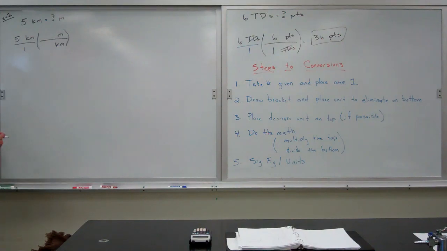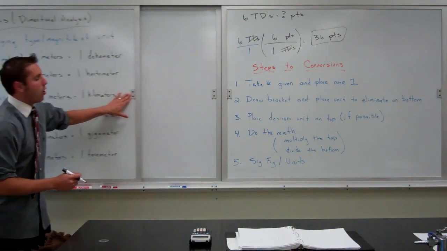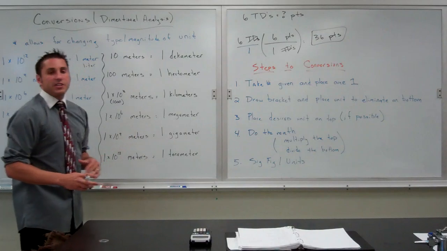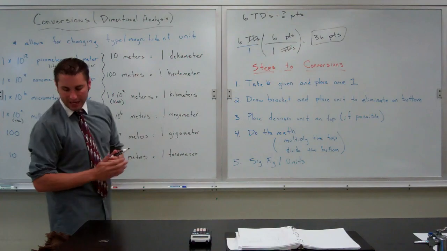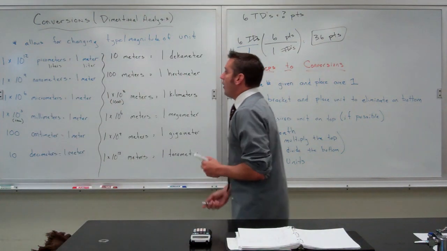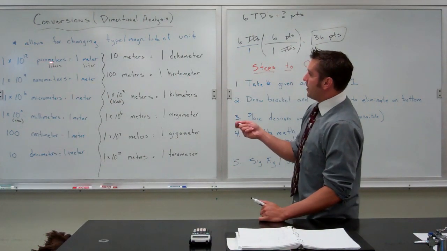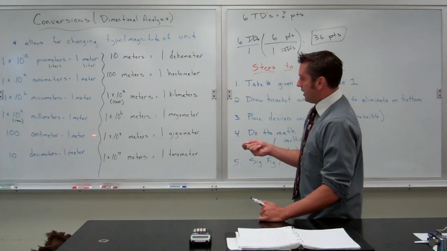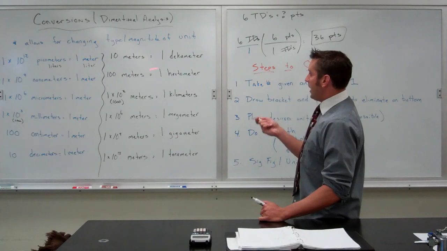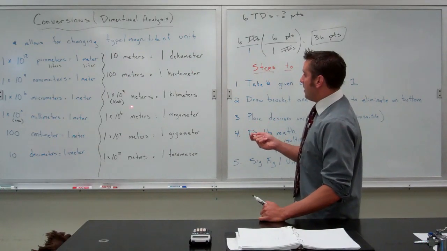To figure out if that's possible, we bring our worksheet back. If it's possible to do this, I need to find one line on this worksheet that has both meters and kilometers in it together. If we start looking, here's picometers to meters, nanos to meters, micros to meters, millis to meters, centis, decis, meters to decas, meters to hectos, meters to kilos.